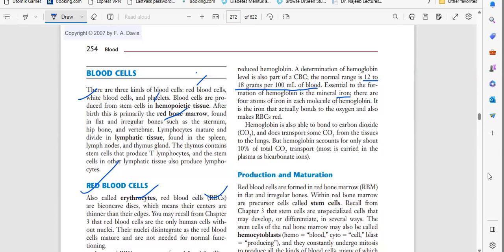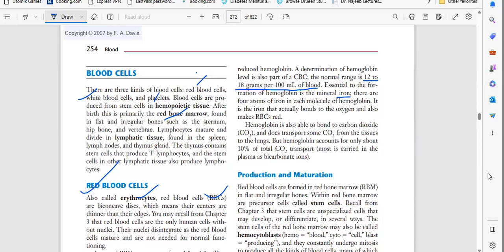Second thing, first thing you have to remember completely. Second thing is that Hb not only transports oxygen, it also transports carbon dioxide from the tissues to the lungs. Okay. This is very, very important. But not 100% of carbon dioxide is transported by hemoglobin.